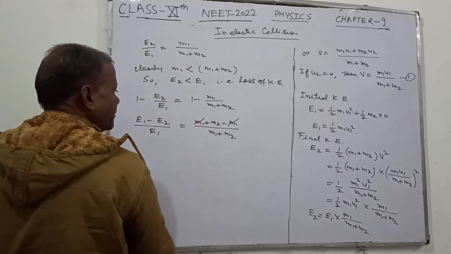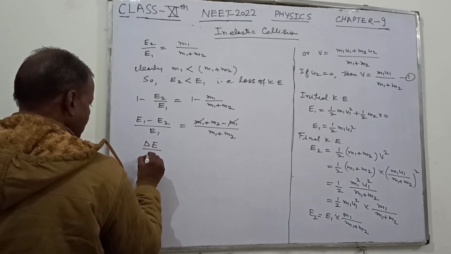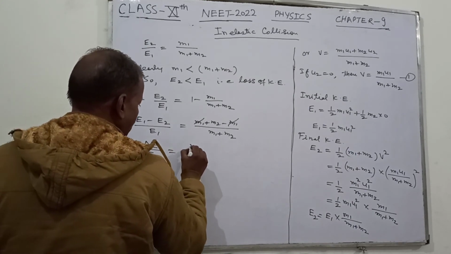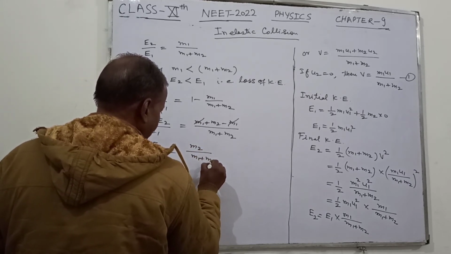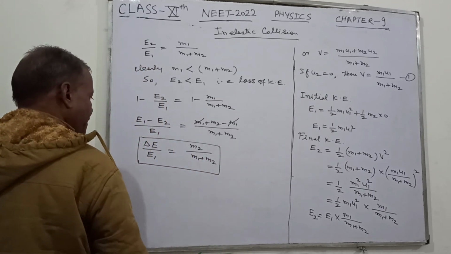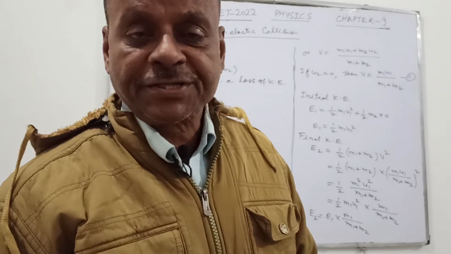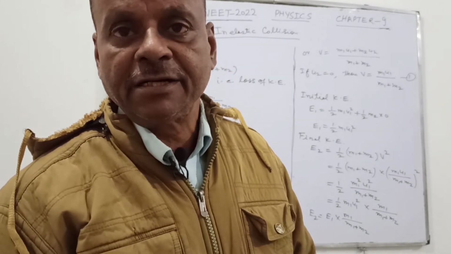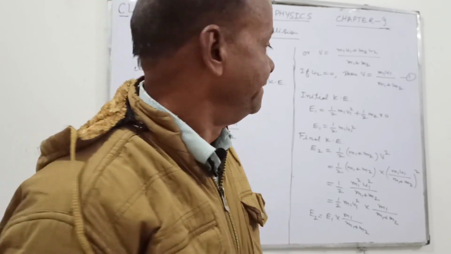The m1 and m1 will cancel. This is delta E upon E1, which is equal to m2 upon m1 plus m2. This will give you the loss, and if you want to find the percentage, you just multiply by 100. That will give you the percentage loss of the kinetic energy.